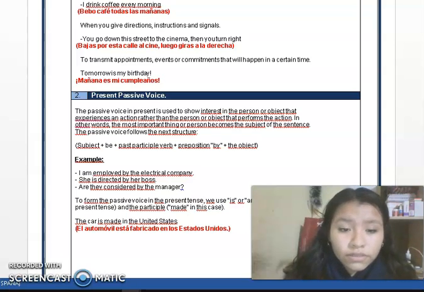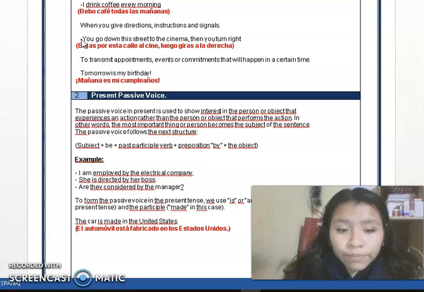In other words, the most important thing or person becomes the subject of the sentence. The passive voice follows this structure: the subject plus to be plus past participle verb, preposition by, plus the object.